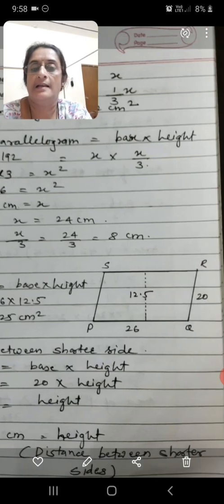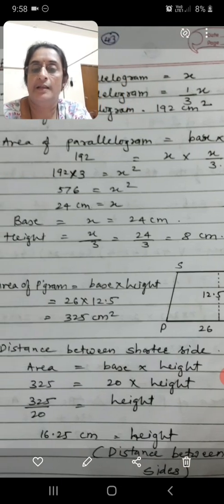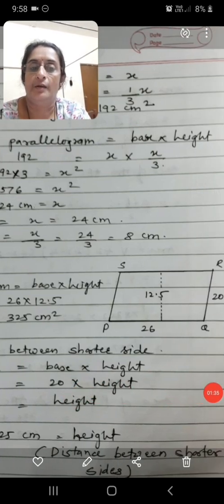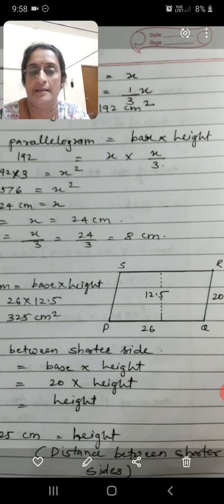Base we have taken as QR, that is 20, into height, that is the distance between the smaller sides. So when you solve it, 325 divided by 20 gives you 16.25 centimeter. That is the height of that parallelogram when the base is QR, and that is the distance between the smaller sides.